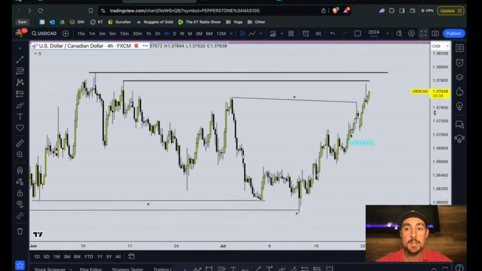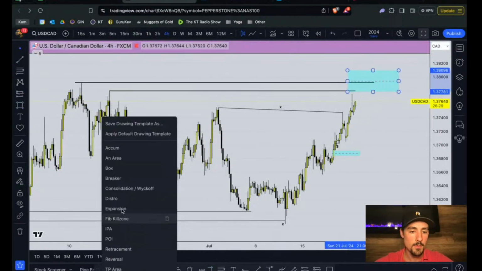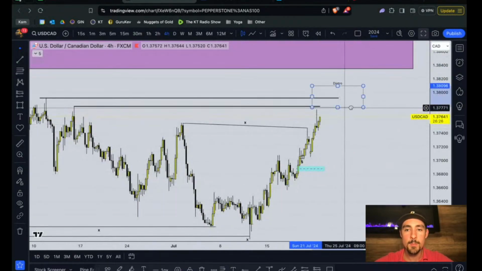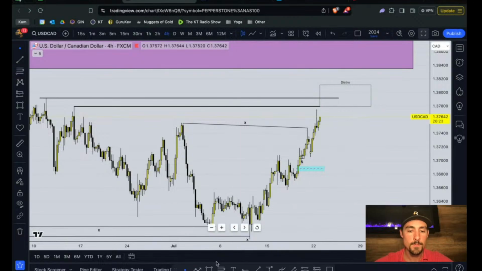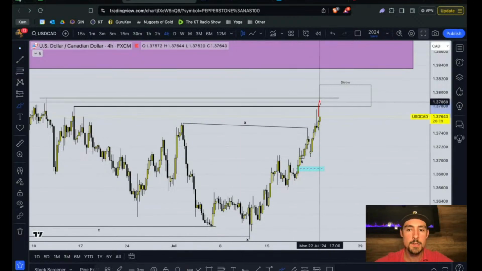And the question is, are we going to see some sort of a schematic up here, distribution, that gives us the opportunity to take sells? I'm not just looking for price to trade through this high and take a sell.